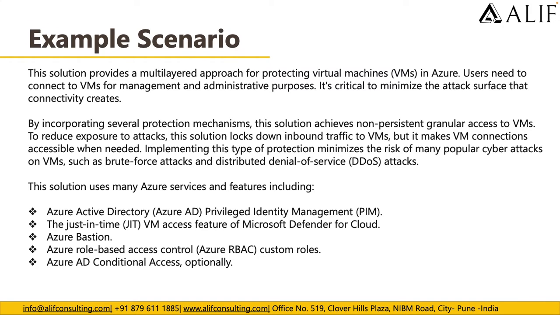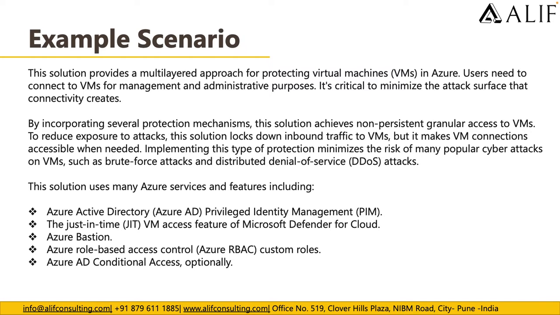We are going to talk about one example solution, which incorporates several mechanisms to prevent or slow down attacks coming inside the environment. It has other features in place which help customers prevent cyber attacks like brute force or DDoS attacks.